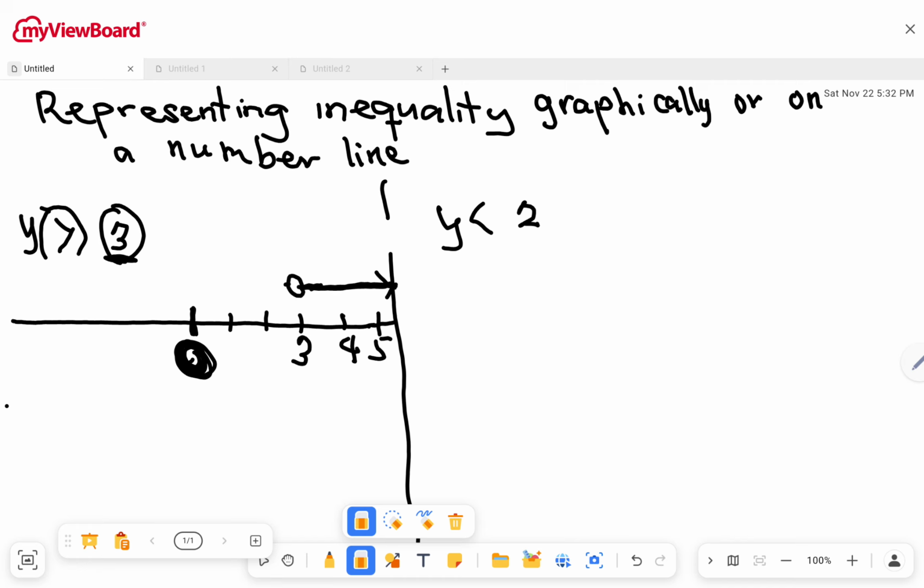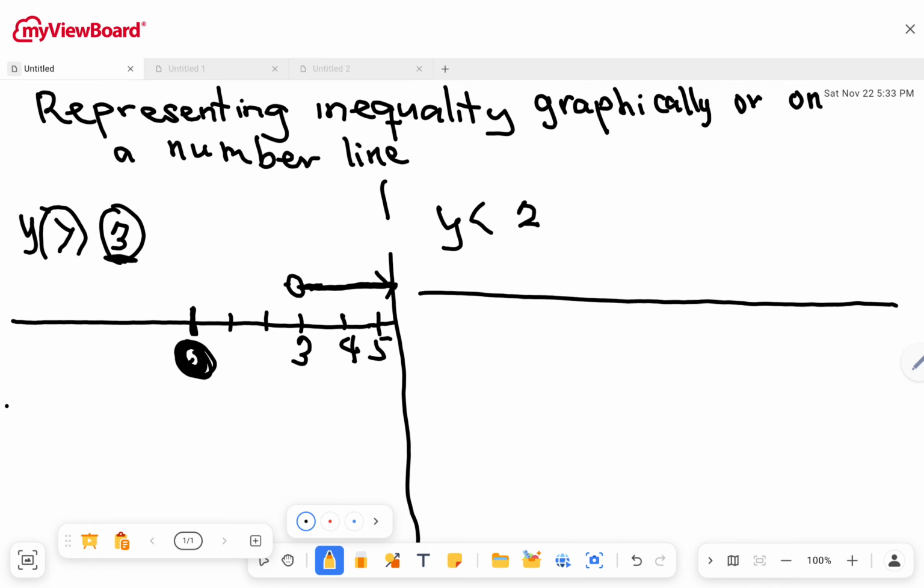Now let's move on to how we can represent y is less than 2. So we are going to draw our number line, or this straight line here. We are going to divide it into 2. And anytime that you divide, you bring your 0 to divide this line into 2 sections. Now you check if this number here is positive or negative.